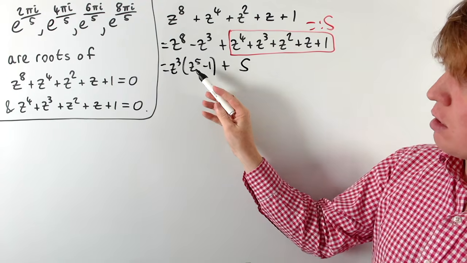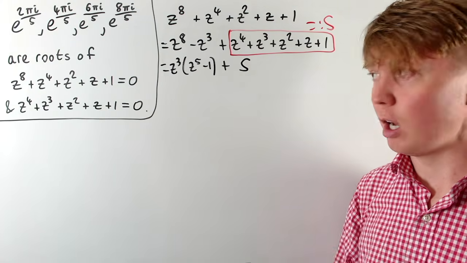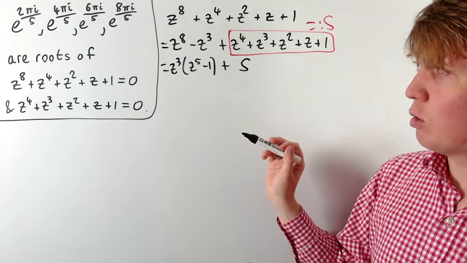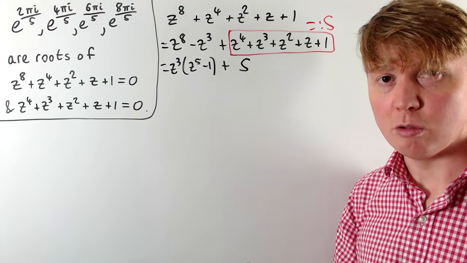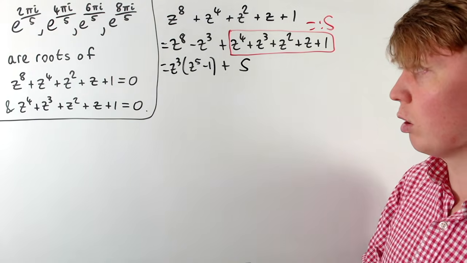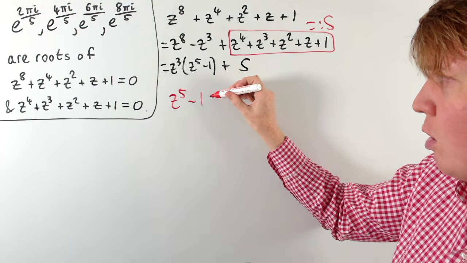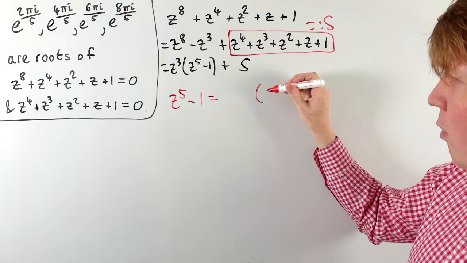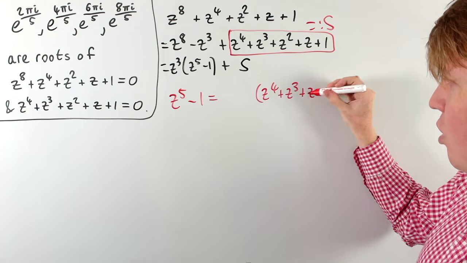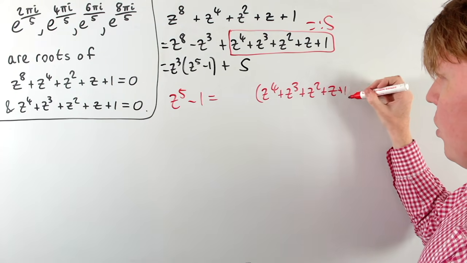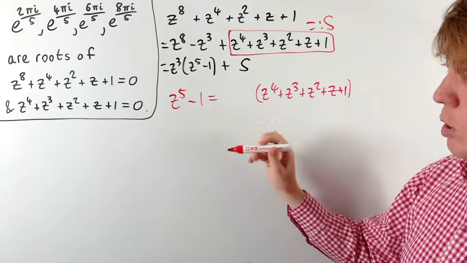But then you can see here that z to the 5 minus 1, if you think about what the roots of this equation are, has all four of these complex roots of unity as roots, and then the other root is going to be 1. So we could even factorise this further. We know that first of all our s, or z to the 4 plus z cubed plus z squared plus z plus 1, is going to be a factor, because all four roots of this are also roots of this polynomial.